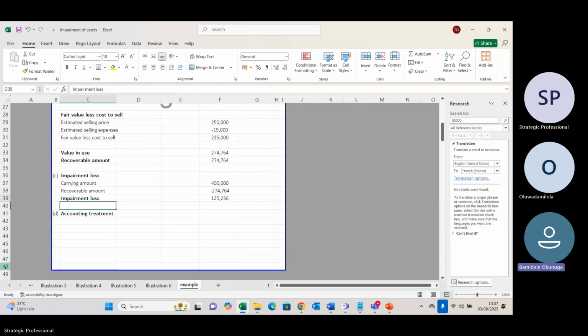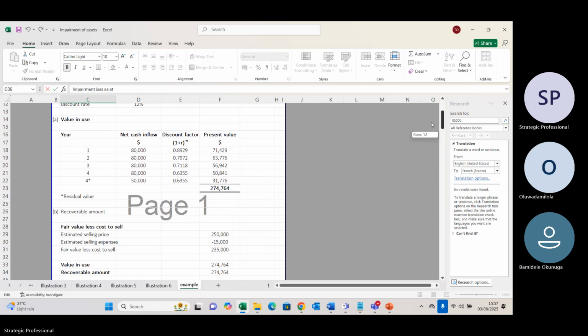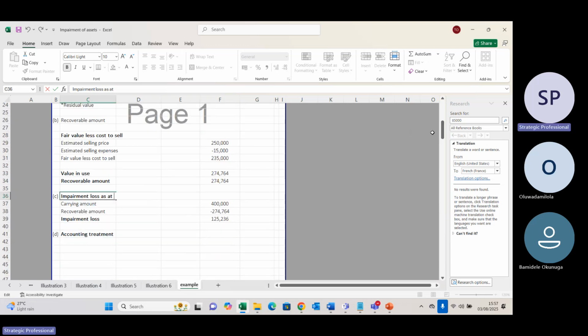That would be the P or L. So you know this is impairment loss as at 31 December 2024.